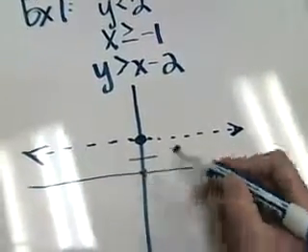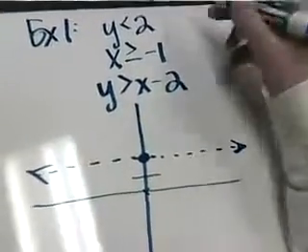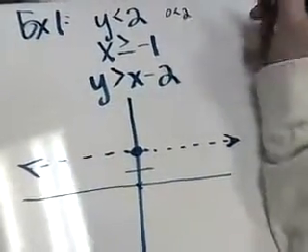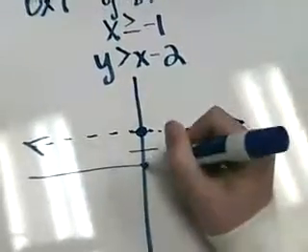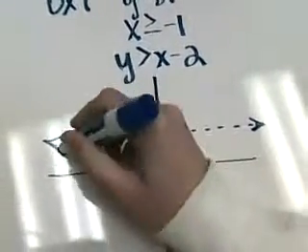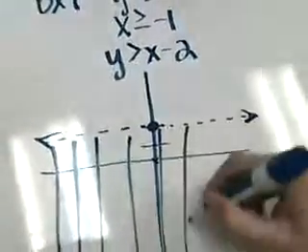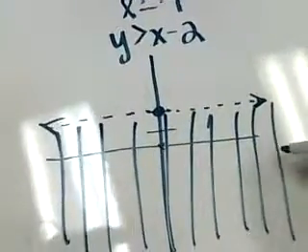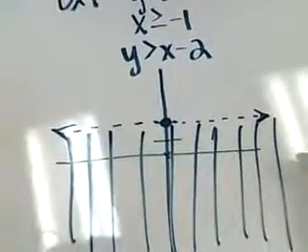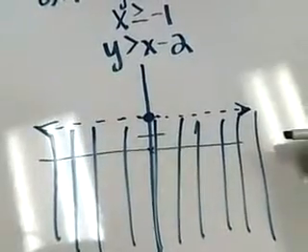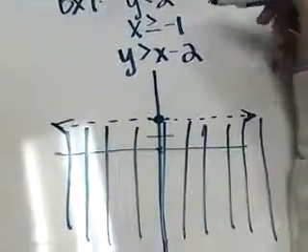I usually try to pick 0, 0 and see if it's true. Is 0 less than 2? Yes, it is. So I'm going to shade towards that point. And we don't want to do a bunch of scribbling because we're going to have some other shading going with this.